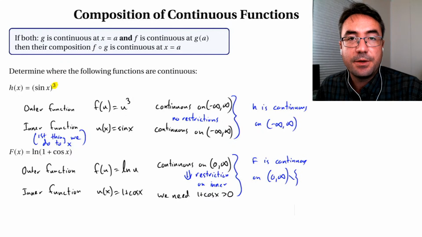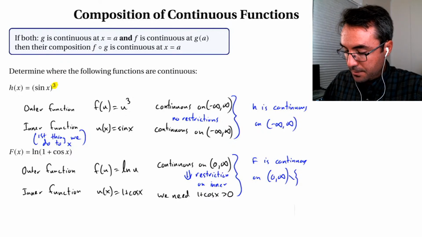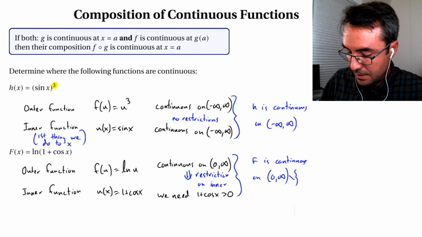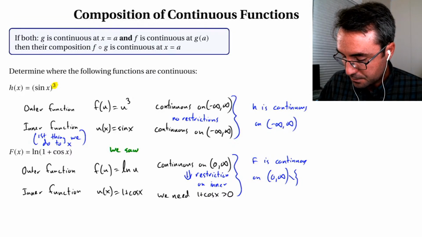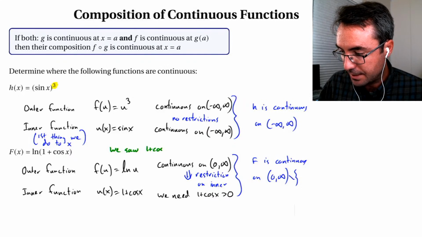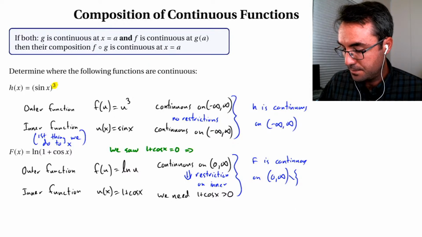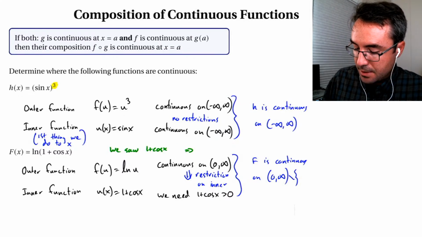So we'll see what values we have to throw out in a second. And we looked at this before. So we saw, what did we see? We saw 1 plus cosine x was equal to 0 at, well, let's write it as greater than 0.